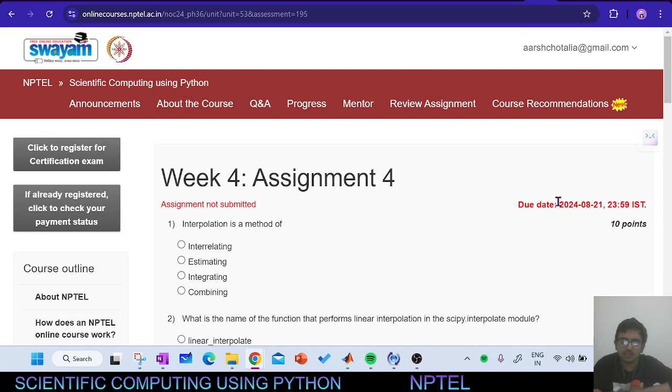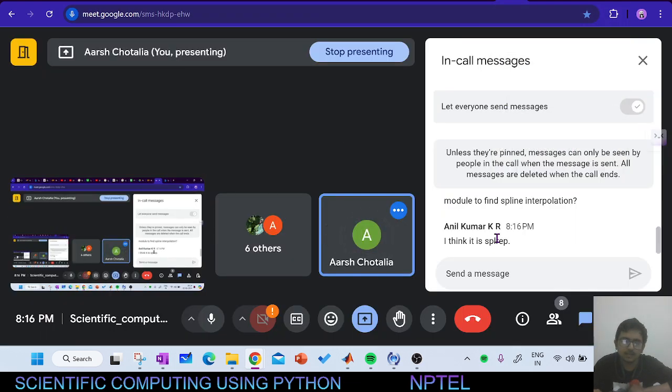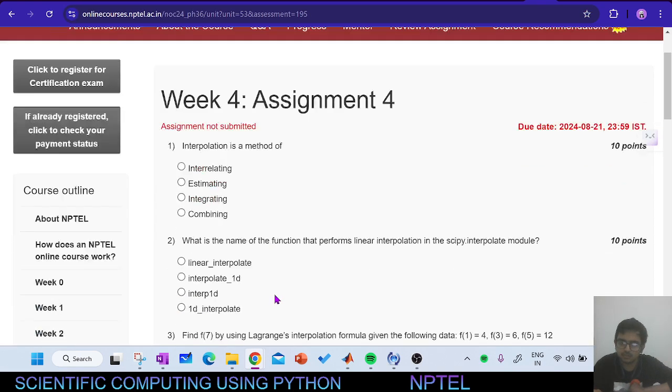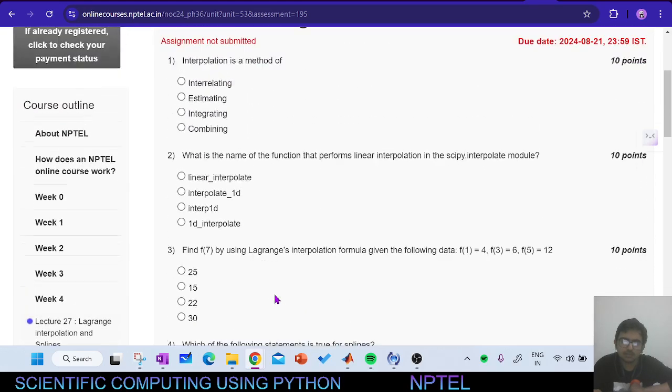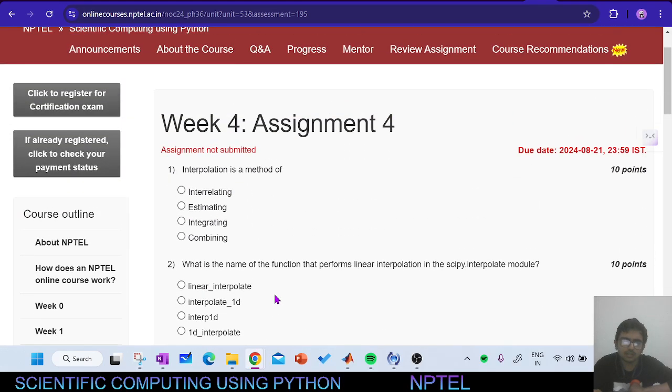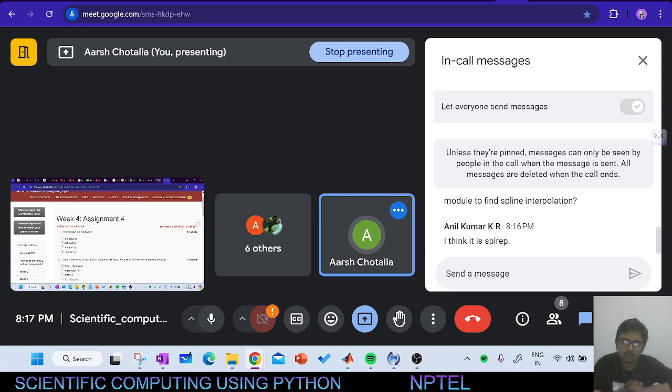Due date is tomorrow, so maybe next time we can answer. Right now, whatever you think is correct, just take it. I am not asking about the question, I think there is some error in those options. Is it obvious or is it confusing? I think it is a typing error. None of the options is correct as far as that option is concerned. Is there any option which is very close to the correct answer? Yes, there is an option very close. Then just tick it.